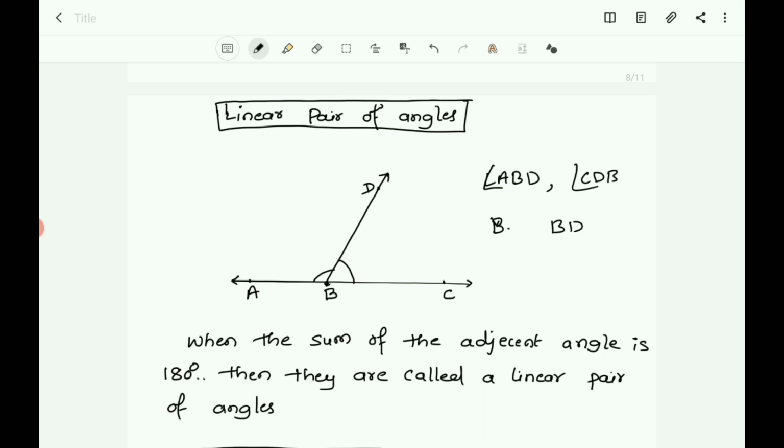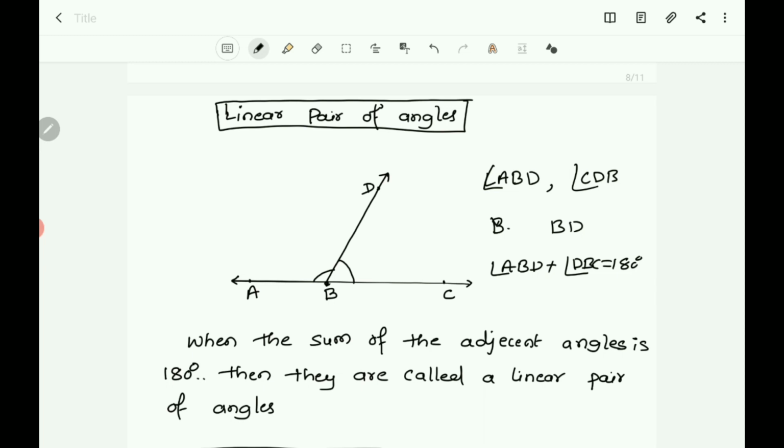So what is a linear pair of angles? When the sum of adjacent angles is 180 degrees, they are called a linear pair of angles. Here angle ABD plus angle DBC is equal to 180 degrees.